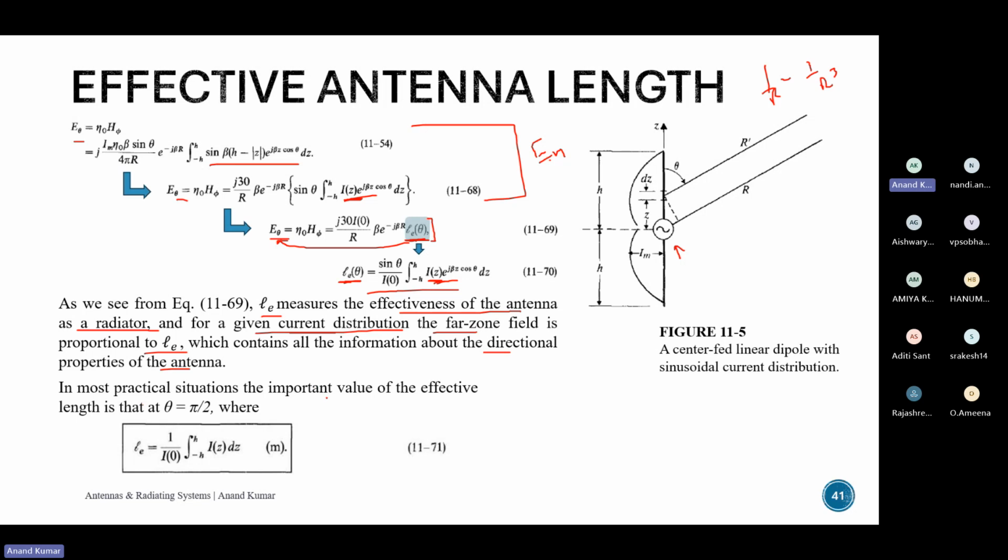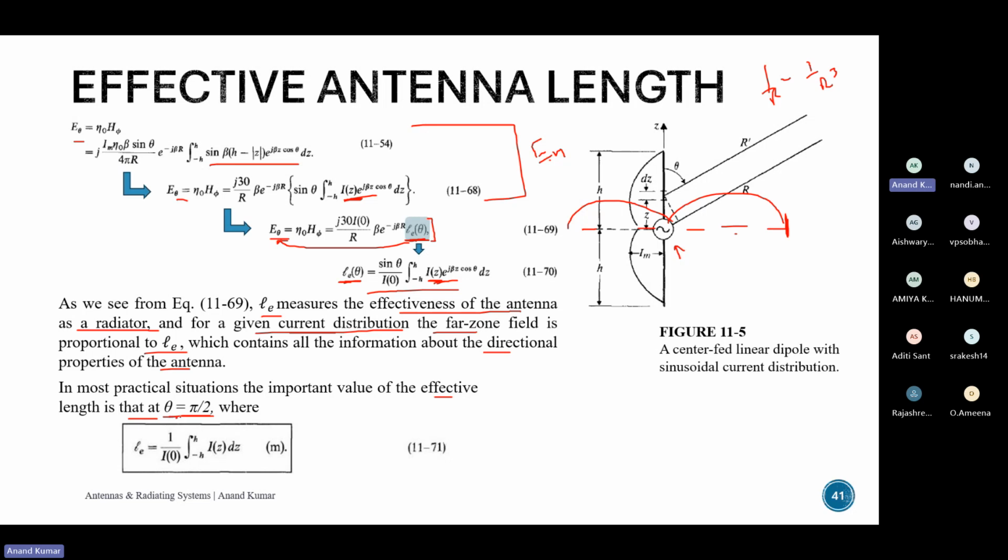In most practical situations, the important value of the effective length is that at theta equal to pi by 2. If you remember, when we plotted the radiation pattern for the half dipole antenna, it looked like this. Over here we had the maximum radiation at theta equal to pi by 2, and this is the value which we usually take.